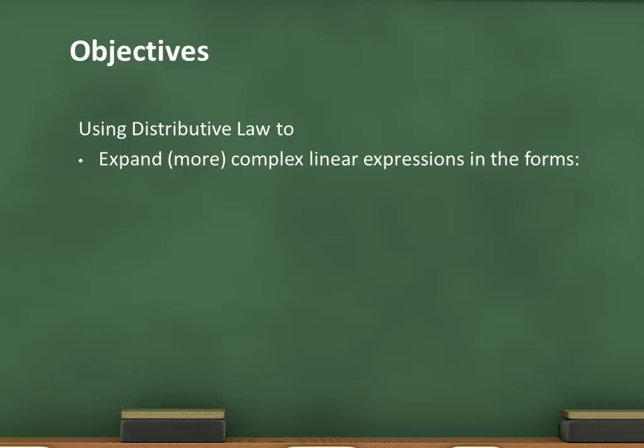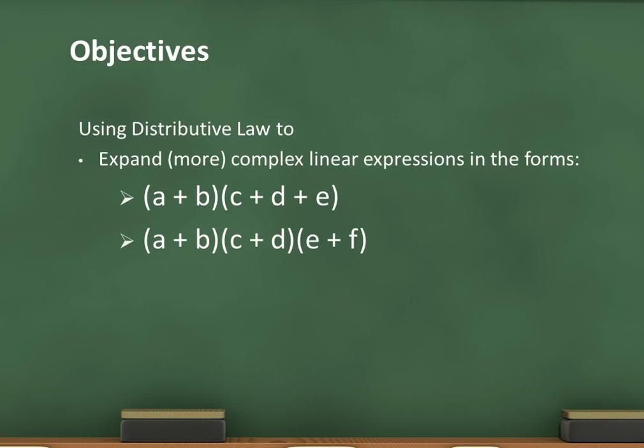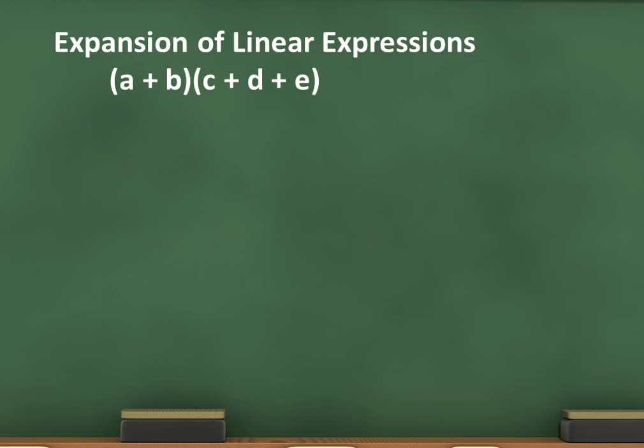And what do these complex linear expressions look like? They're going to look like this: the same number of brackets but with more terms inside the brackets, or simply more brackets. So that's the objective for this chapter: to use the distributive law to expand these expressions.